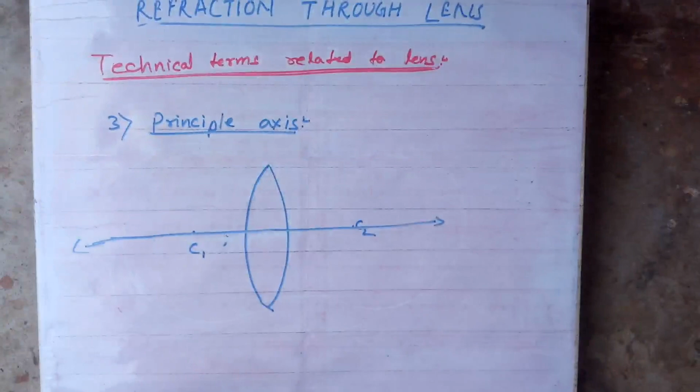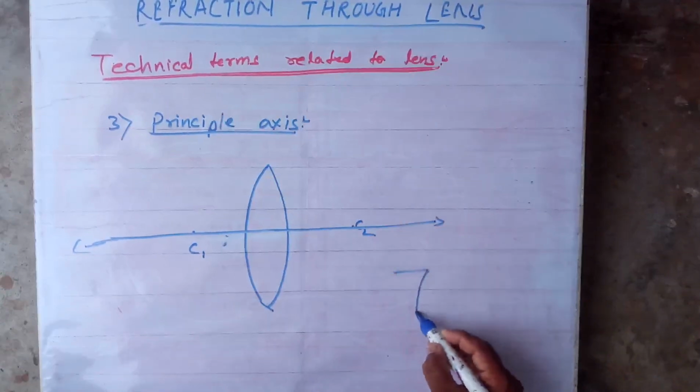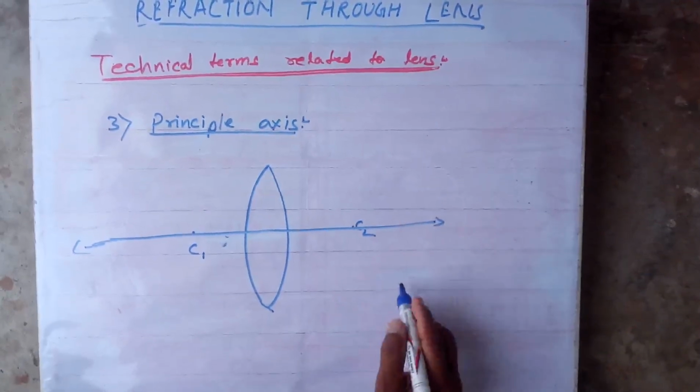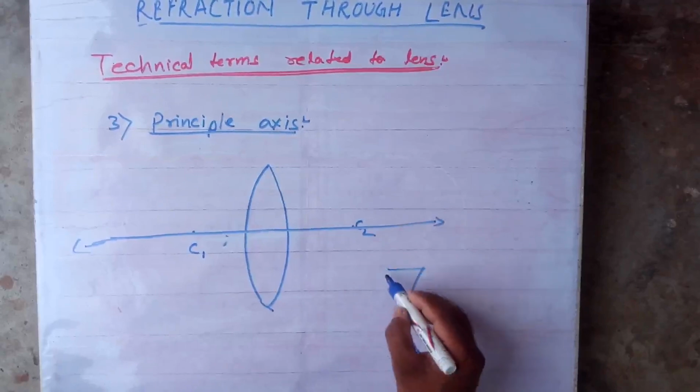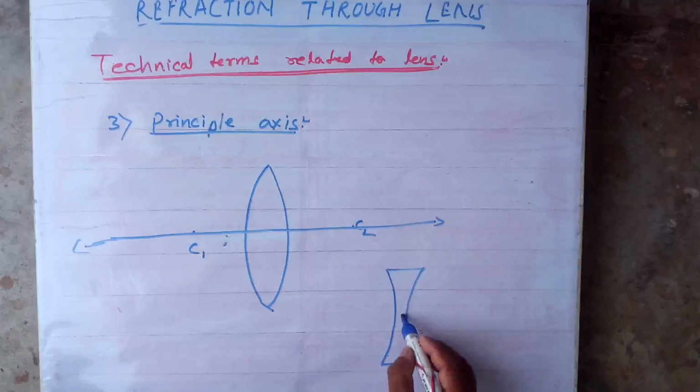Once again I am repeating, it is the line joining or passing through the centers of curvature of the two surfaces of a lens. For concave also same, I can draw here. Are you able to see everybody?